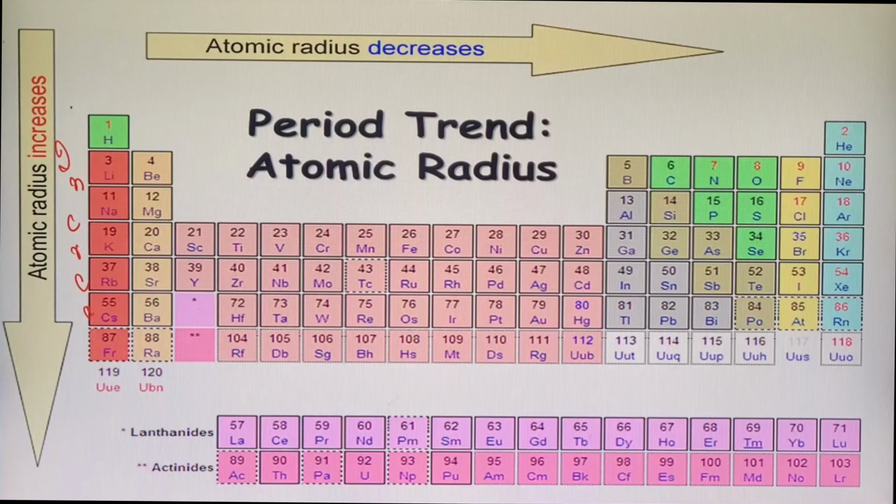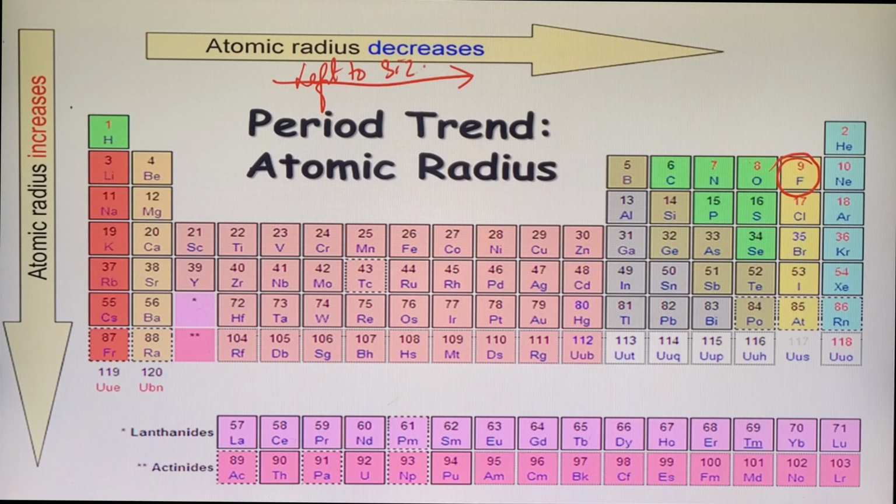So if they ask you in the whole periodic table, which is the element which has the smallest atomic size, it will be fluorine. Clear? These are the questions that are asked in the board exam. By the way, please remember the first 20 elements. So if they ask you which element in the periodic table has the smallest atomic size, we know from left to right the atomic size will decrease.